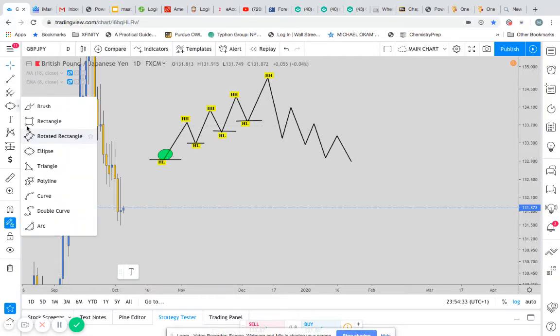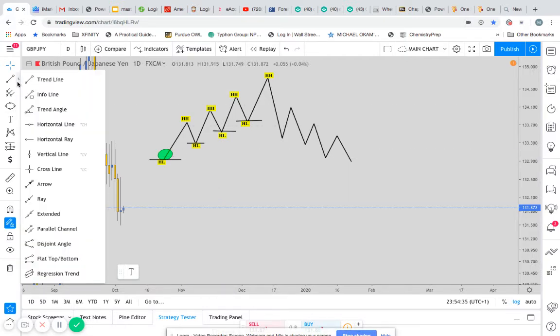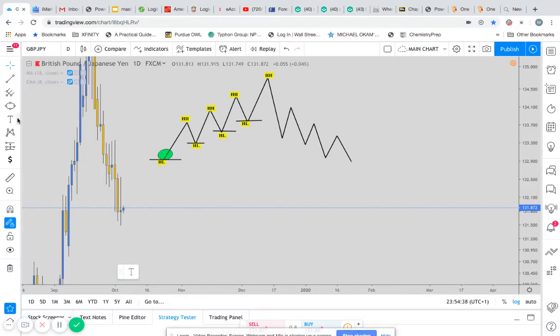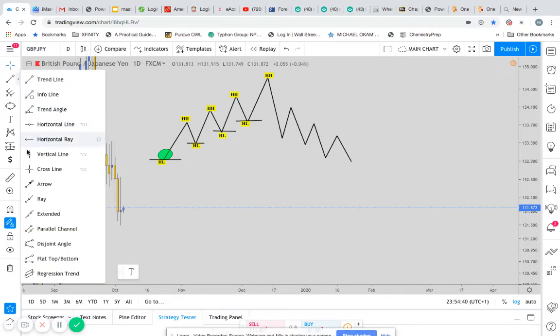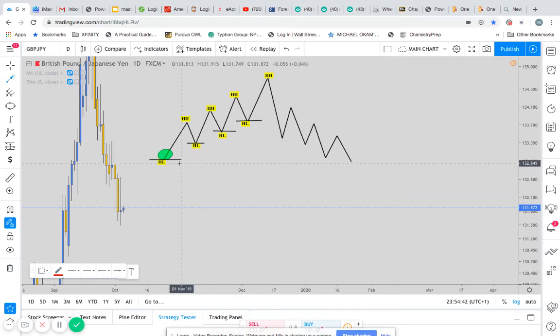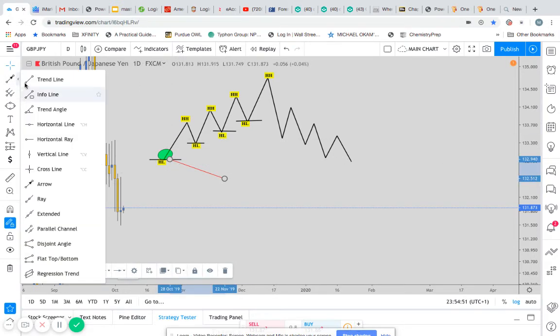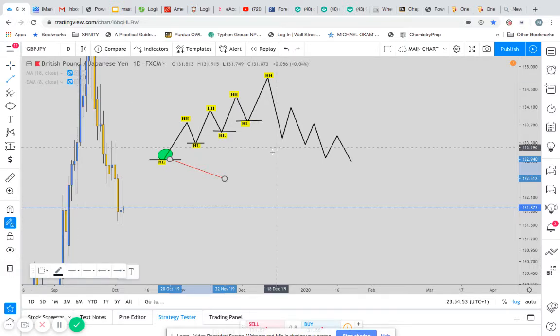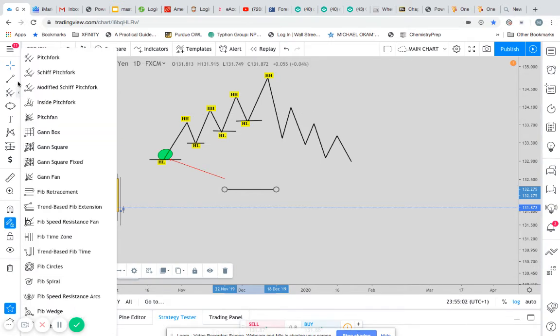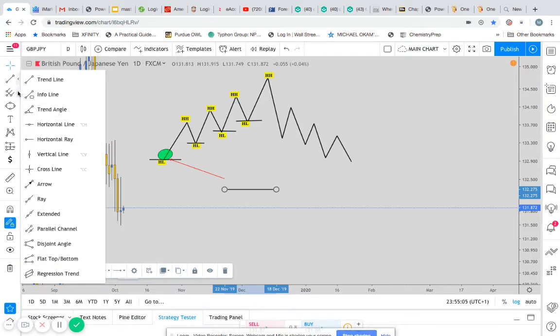So let me zoom in here for you guys so you can see what I'm talking about. If this was our support level in a high low, I am looking for a sell candle, seller's exhaustion.